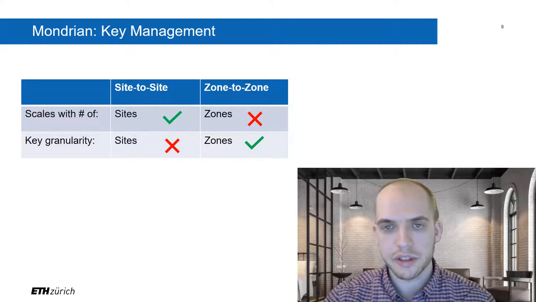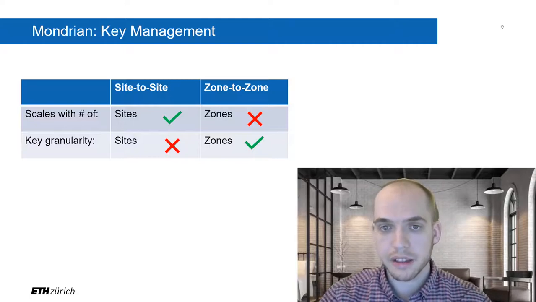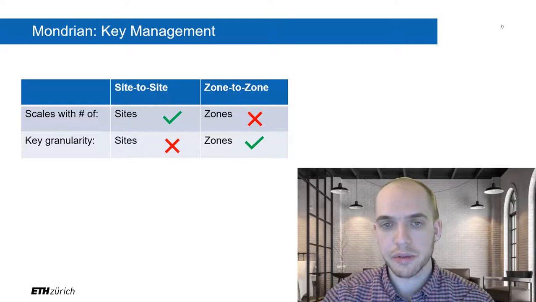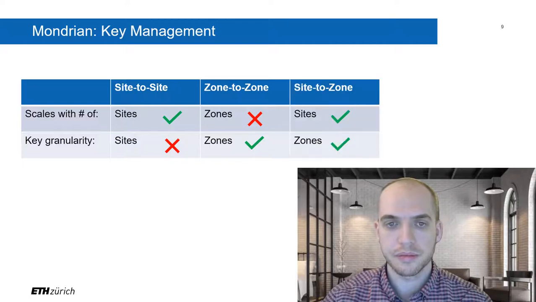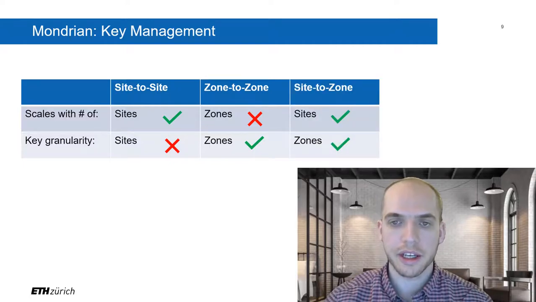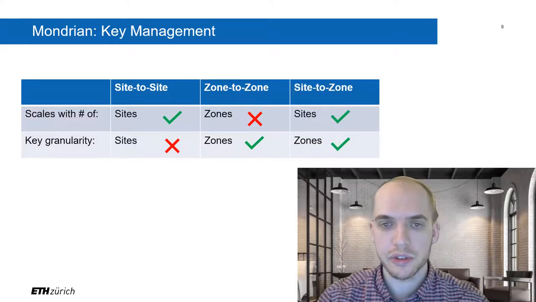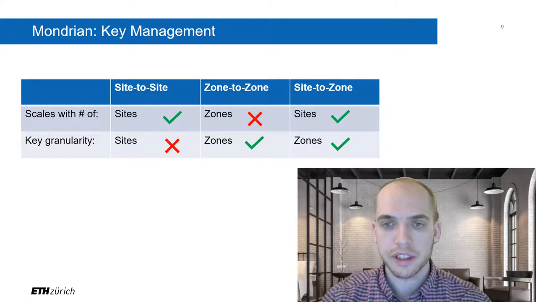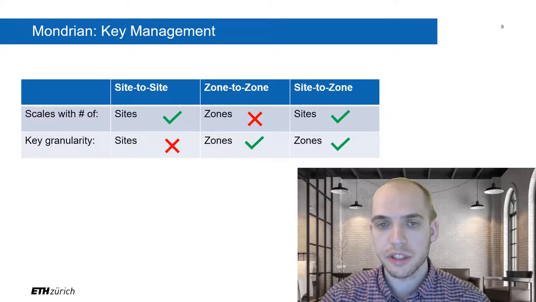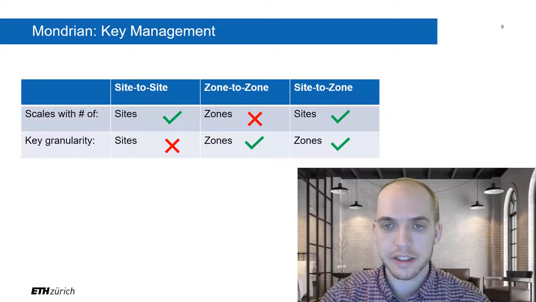Another approach is to use keys for each pair of zones. This would, however, expand key state too much, as in large networks the number of zone pairs becomes very big. Therefore, for Mondrian, we designed the concept of site-to-zone tunneling, where source and destination TPs first establish a shared symmetric TP-to-TP key, from which they can then derive a second site-to-zone key.